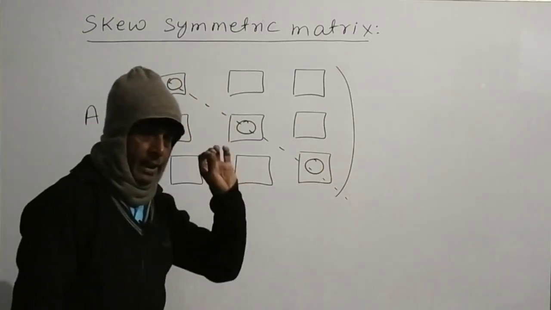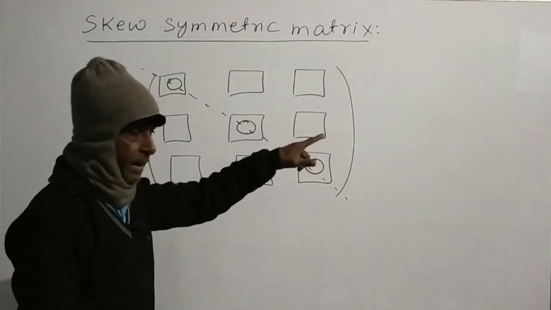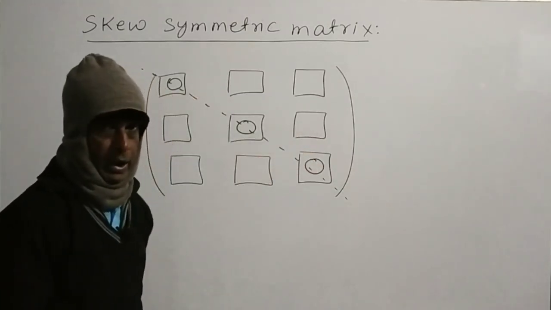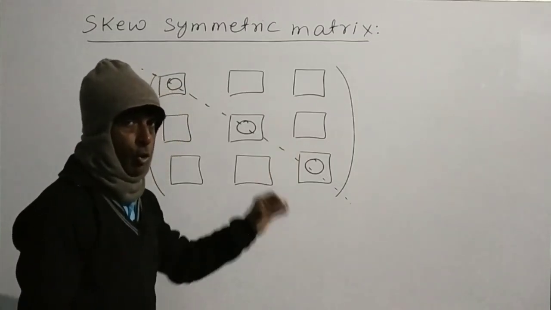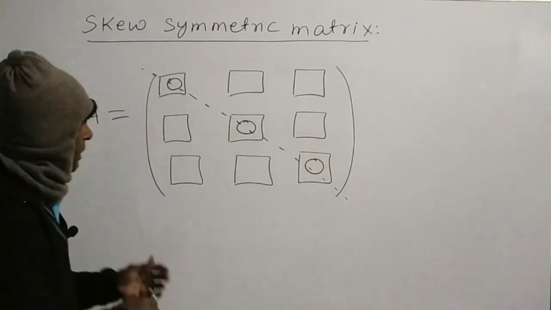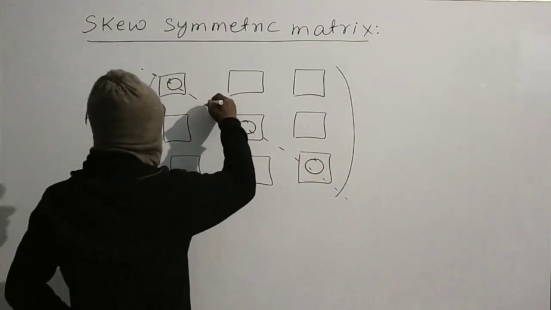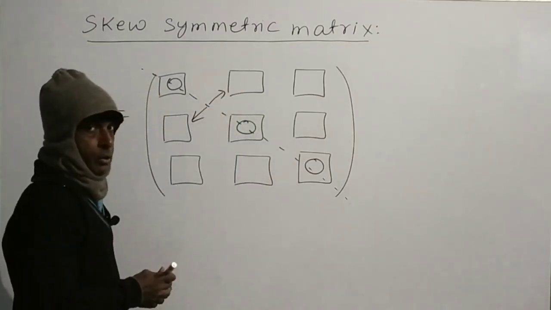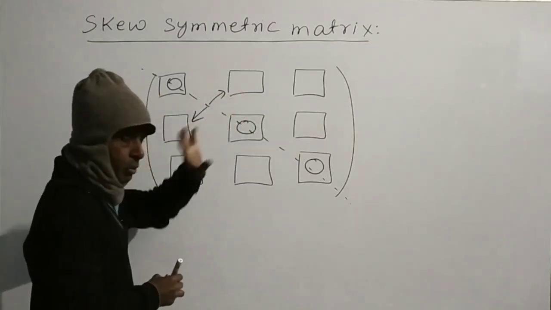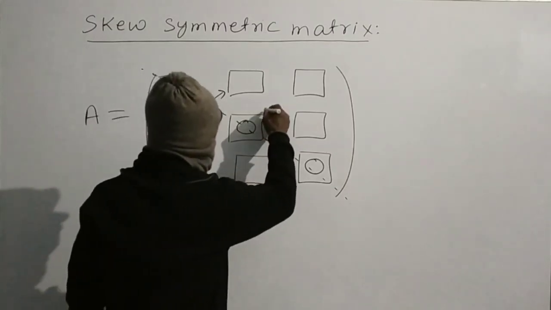And all the elements equidistant from the principal diagonal should be equal in magnitude but opposite in sign. That means elements here and elements here should be equal in magnitude but opposite in sign.